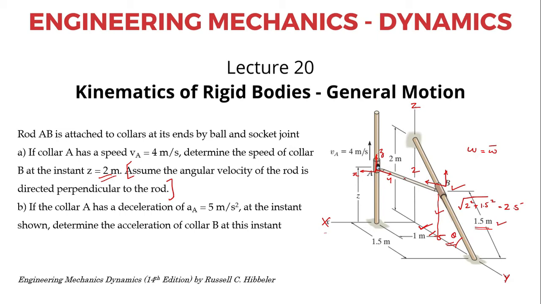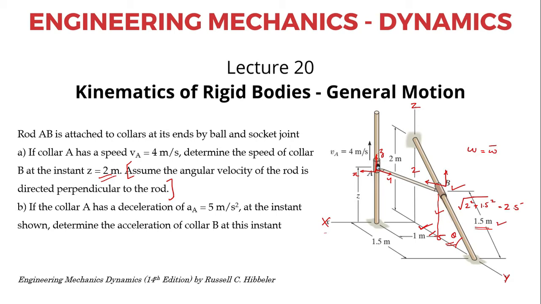It may be oriented in any of the three-dimensional directions, but as such it will be perpendicular. So if it is perpendicular, I can say that omega AB vector, that is the angular velocity of this AB, and the rho vector, the position vector along this, will be at 90 degrees.